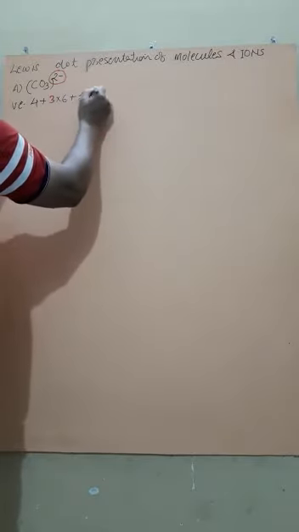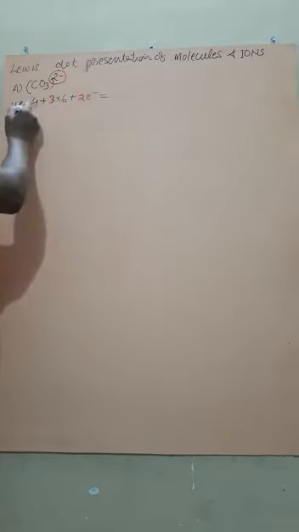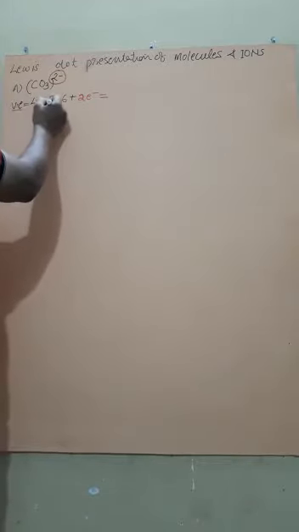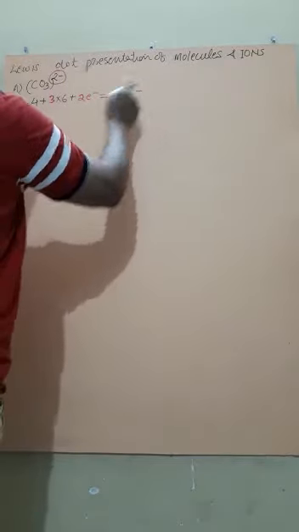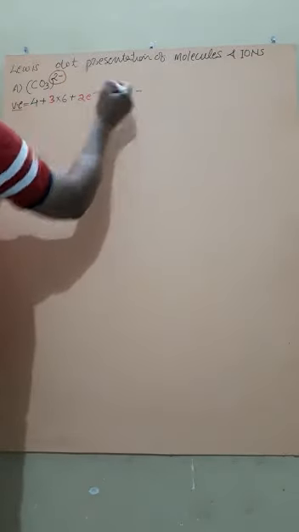Sign of 2 anion means 2 electrons are gained, therefore these 2 electrons are also added. So the total number of valence electrons will become what? 4 plus 2, 6 electrons, and 3 sixes are 18. So 18 plus 6 is equal to 24 electrons. Okay, 24 number of electrons.